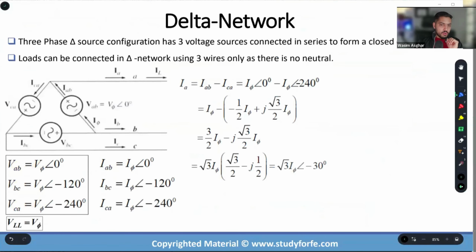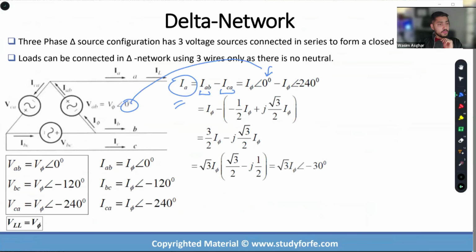So I explained to you how we set up IA is equal to IAB minus ICA, right? This is 0 degrees because we are simply carrying our phase angle from phase AB, VAB phase voltage. And then this is for CA. Now, what I would like you to do at least once, remember, if you go through this exercise once, you're going to be fine, right?